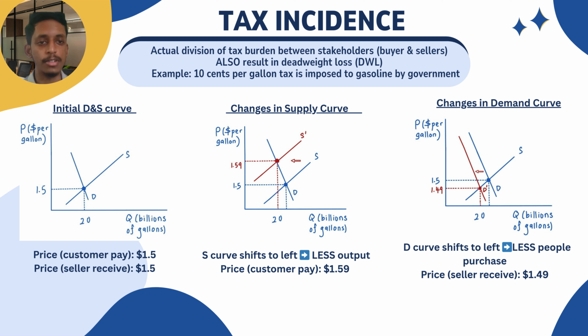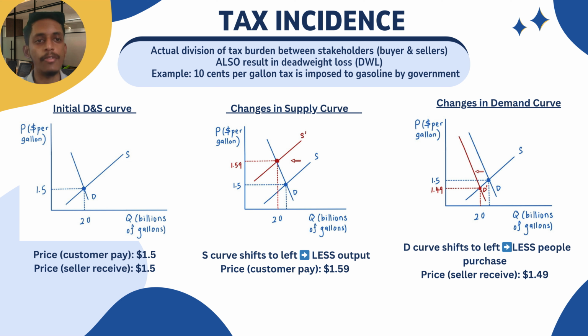Originally the equilibrium price was $1.50. After the tax, the price buyers pay rises to $1.59. However, the sellers don't keep the full amount. After sending the tax to the government, the price the seller actually receives drops to $1.49. So even though the tax is 10 cents, the buyers pay 9 cents more. The sellers keep 1 cent less.